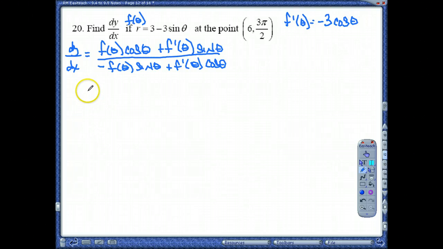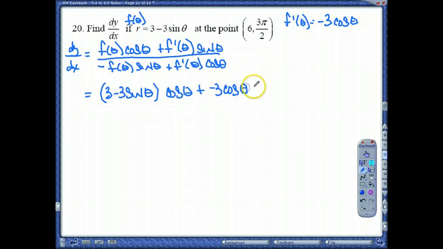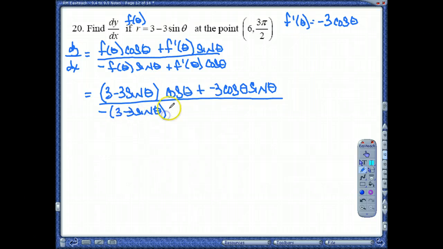So when I go to find it, everywhere I have my f of theta, I'm going to put 3 minus 3 sine times cosine plus the derivative, which is negative 3 cosine, times sine, over the opposite of 3 minus 3 sine of theta times sine plus the derivative times cosine.